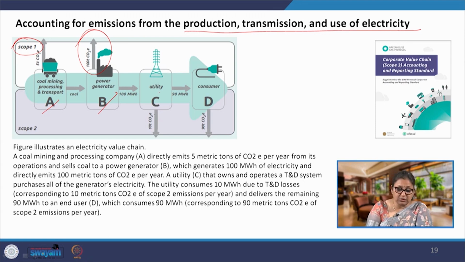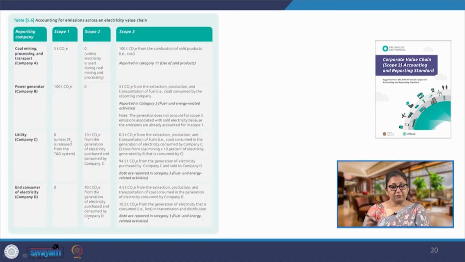When it goes to the utility, then it becomes scope 2, and after that when it is used at the consumer end also it will largely remain in scope 2. Now, if we look at this entire cycle from production, transmission to the use of electricity, there could be 4 different parties involved: 1, coal mining, processing and transport, 2, power generator, 3, utility and 4, end consumer.